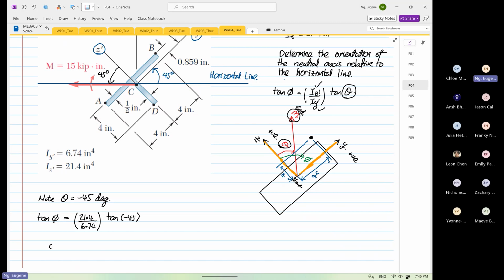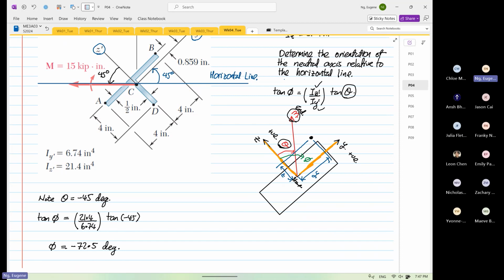Okay, so phi will be equal to tangent minus 45 times 21.4 divided by 6.74, and then inverse tangent is equal to minus 72.518, or 72.5 degrees, just one decimal point.